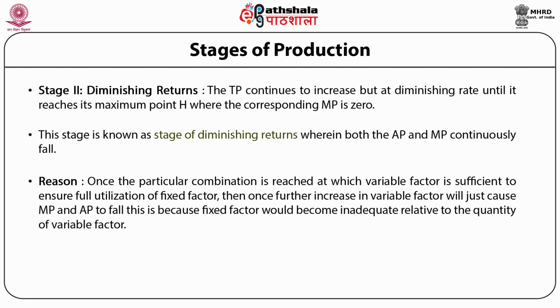This is because the fixed factor would become inadequate relative to the quantity of variable factor. Since the factors are imperfect substitutes for one another, there is the stage of diminishing returns.